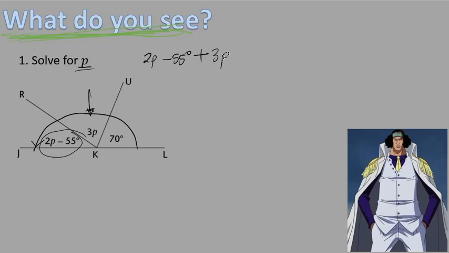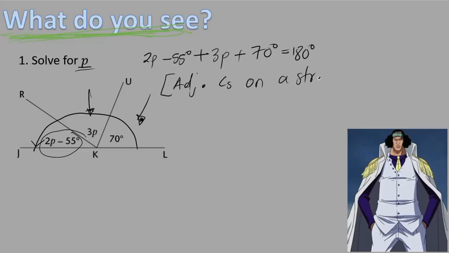So positive 3P plus, I'm going to add it with the angle here. What is that angle? 70 degrees. So all these angles together, they're supposed to give me how much? 180 degrees. And then I give my reason. What is my reason? My reason is adjacent angles on a straight line.